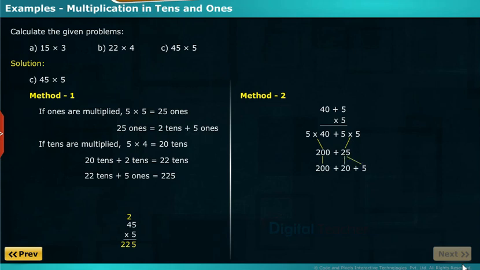Then we are adding 200 plus 20, which is equal to 220. Similarly, 220 plus 5 is equal to 225. So, finally the answers of method 1 and method 2 are equal. That is 225.